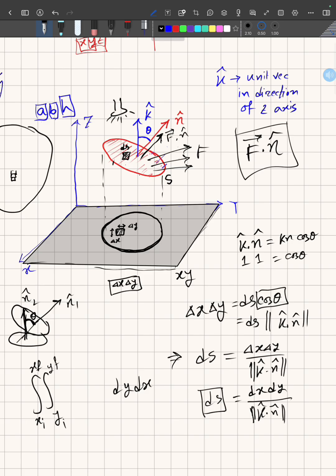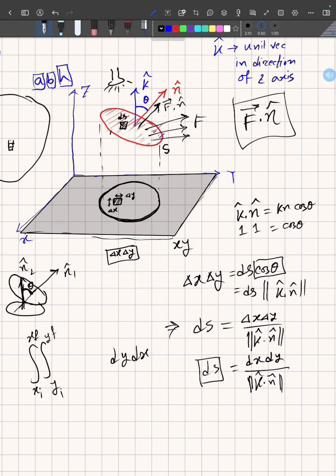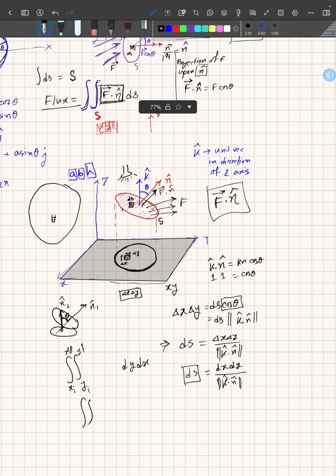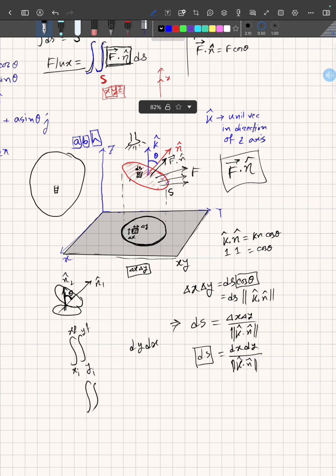Now we just need the limits. Let's just put it x and y, these are the limits, and now our flux integration becomes F dot n times the ds, which now becomes dx dy divided by the magnitude of k dot n.